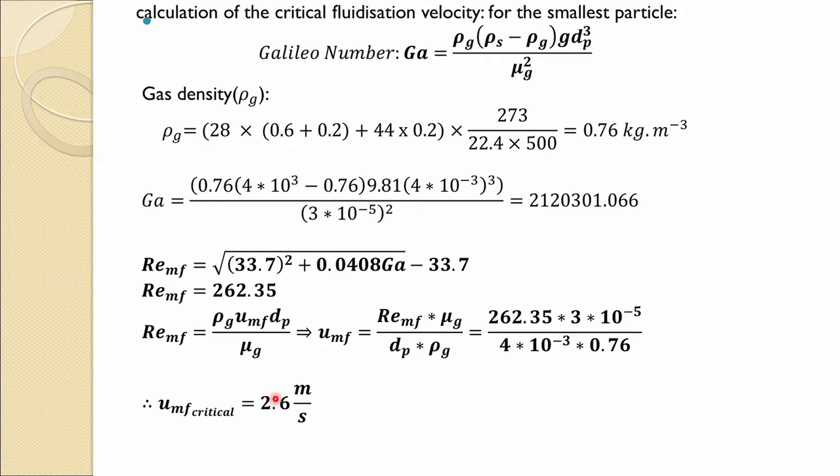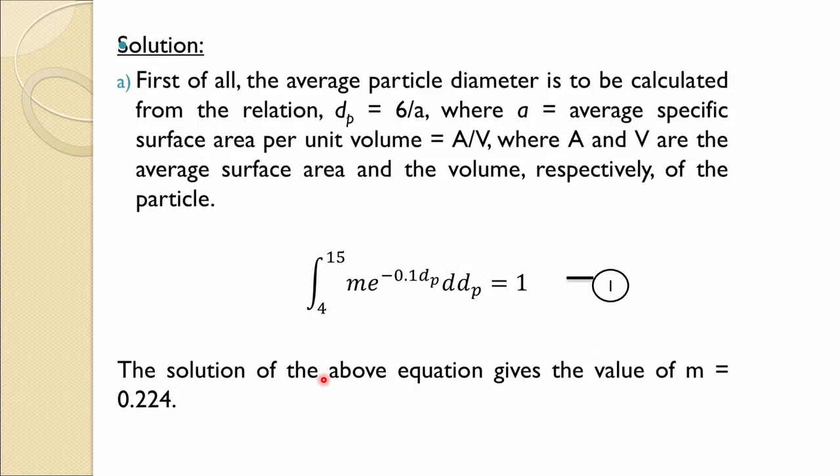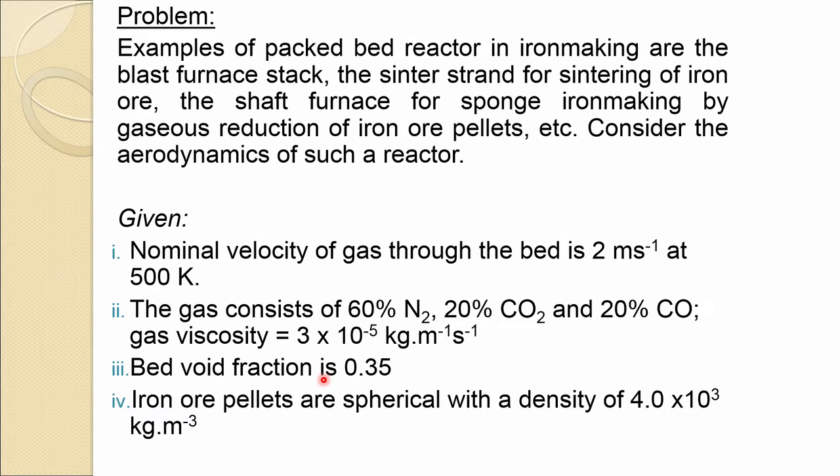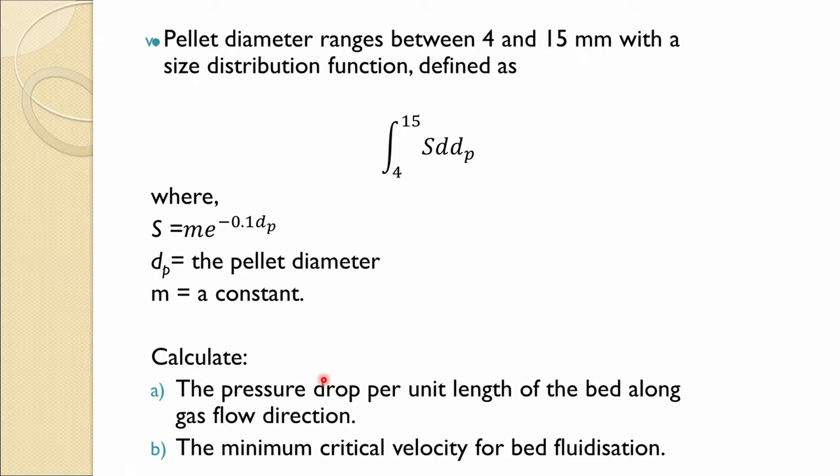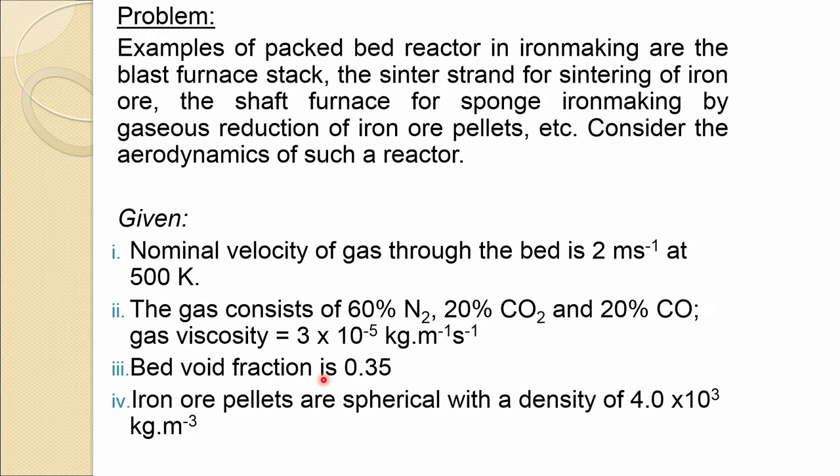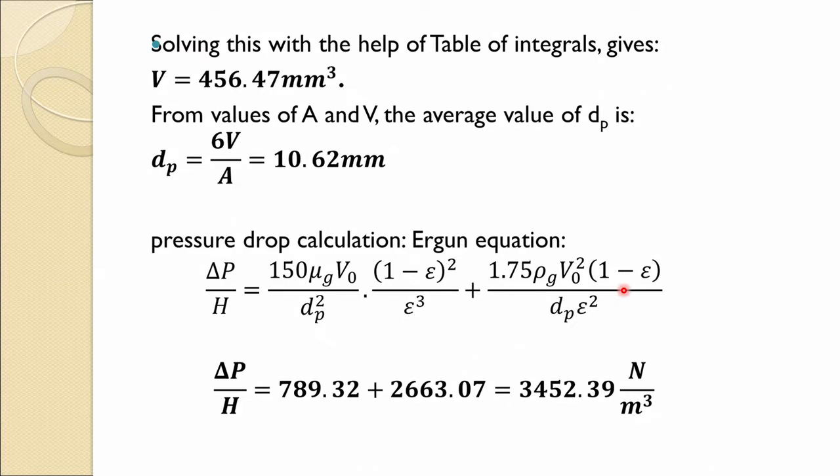So, the critical velocity means this reactor should not operate at more than 2.6 meter per second, and as given, the nominal velocity is 2. So, it is operating below the fluidization velocity anyway, and none of the particles will fluidize in that condition.